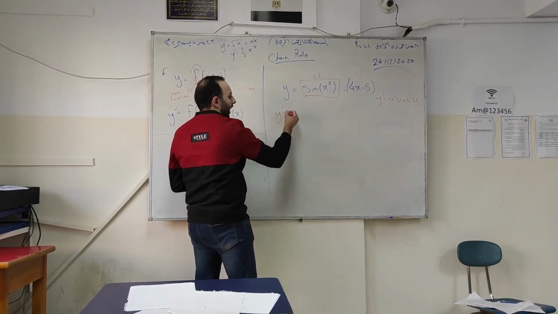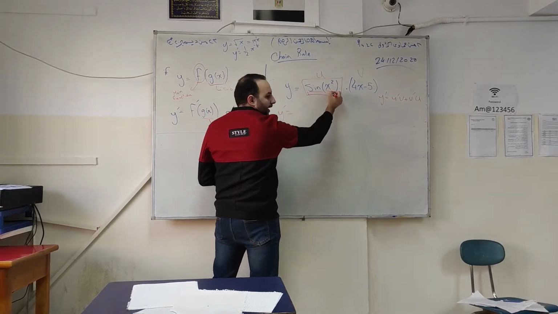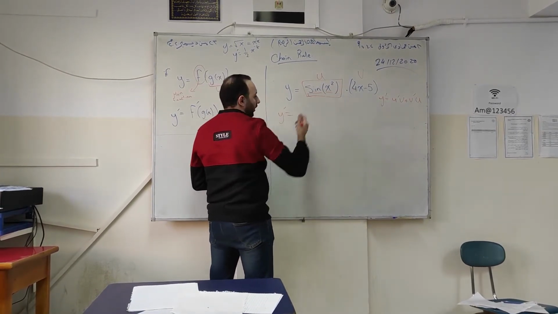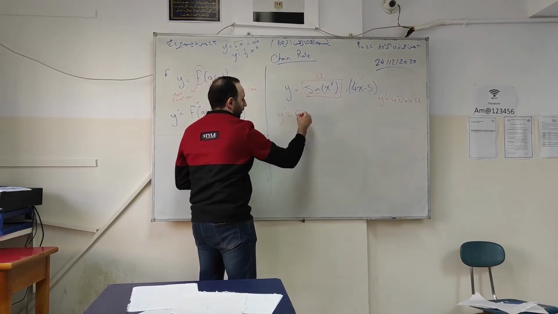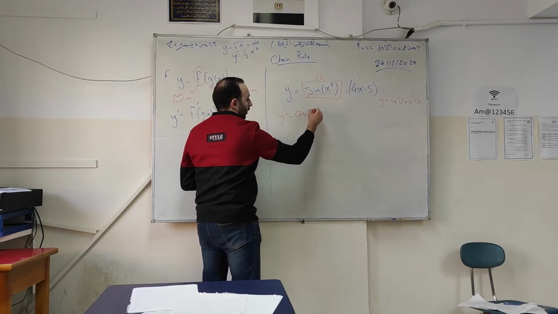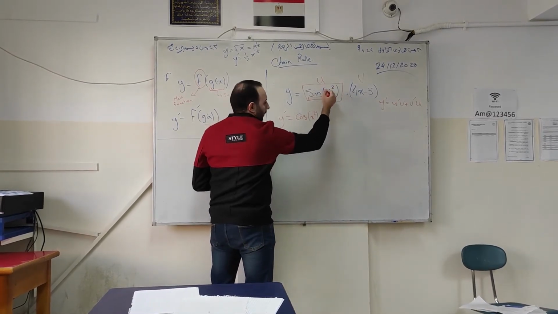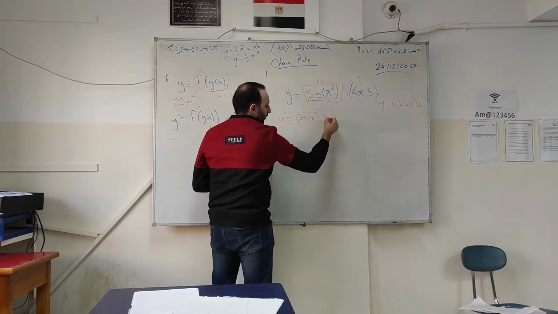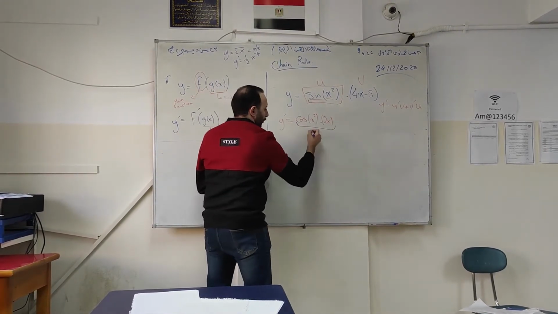Why? Because I have a sine here as a main function and x squared as a sub-function, right? So, what is the derivative of sine? Cosine. So I will have cosine x squared, then times the derivative of the sub-function, 2x. All of this is u dash.